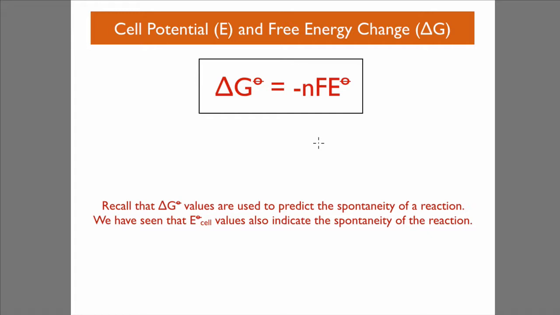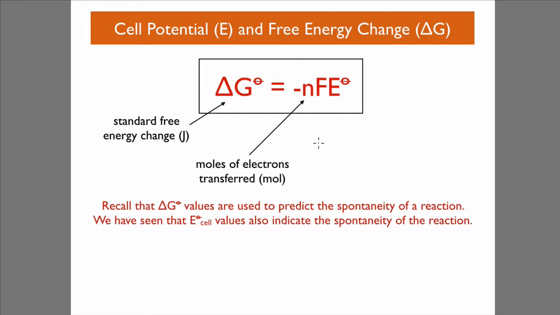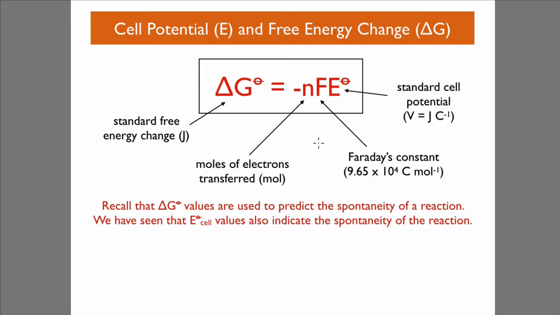Okay, cell potential and free energy change, delta G. We've got standard free energy change in joules equals minus the moles of electrons transferred, Faraday's constant, and the standard cell potential, in joules per coulomb. Recall that delta G values are used to predict the spontaneity of a reaction.